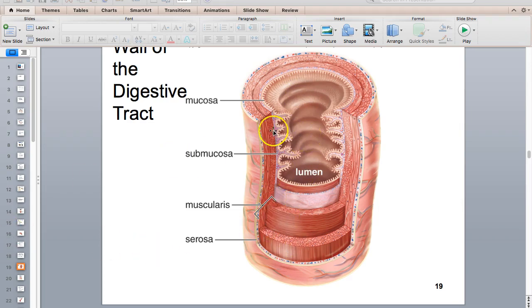I'm not going to show diagrams of this, but you should know these 4 layers. Again, the muscularis is smooth muscle. Contraction of that smooth muscle is what moves the food down the esophagus.